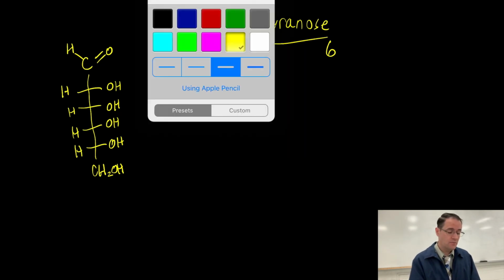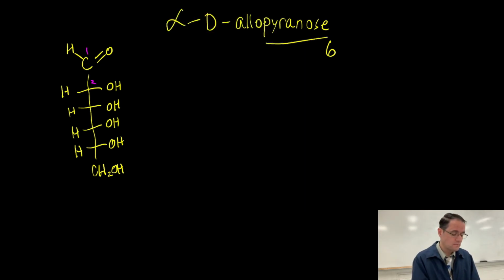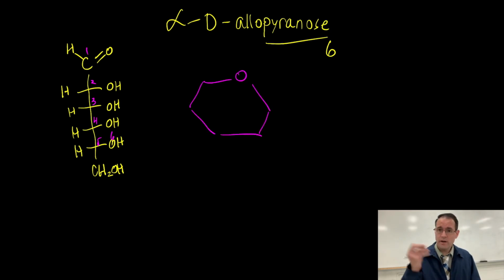So let's count the carbons. And our 6th oxygen is off to the side, okay? Build your template. Go ahead and put the hatch marks on each of the carbons. And decide what you're going to do at carbon number 1, okay?